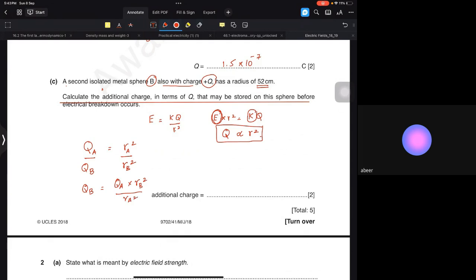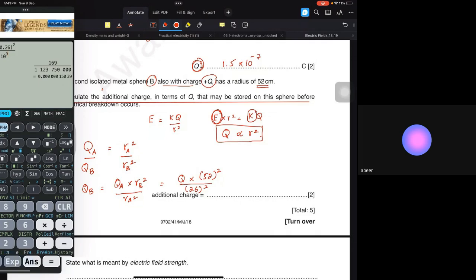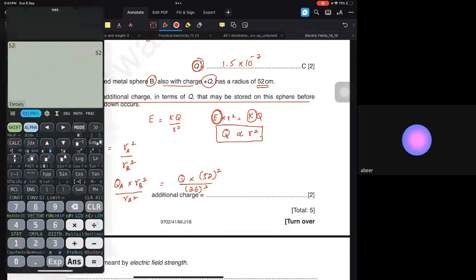Now obviously, the charge is Q on this. So that means it will be Q. RB is 52 whole square and it's being divided by 26 whole square like this. That means that I just need to take this ratio, 52 whole square divided by 26 whole square, and it should give me 4 times the charge.